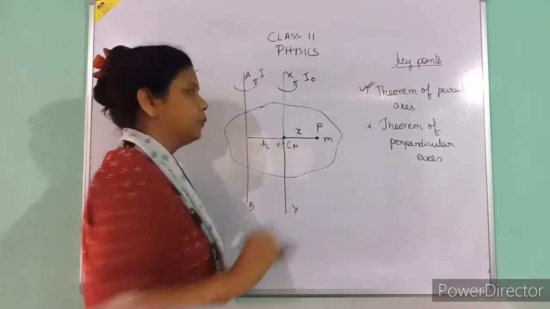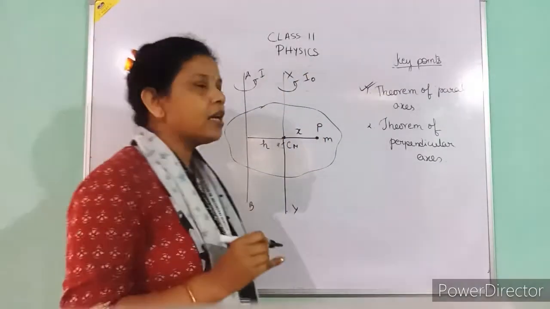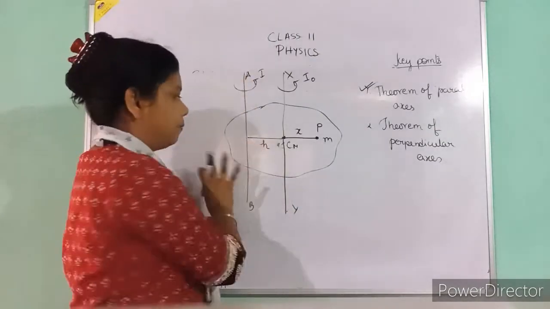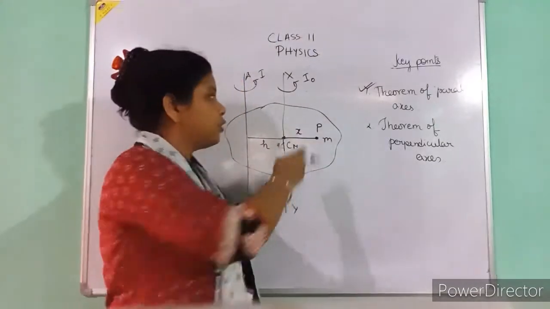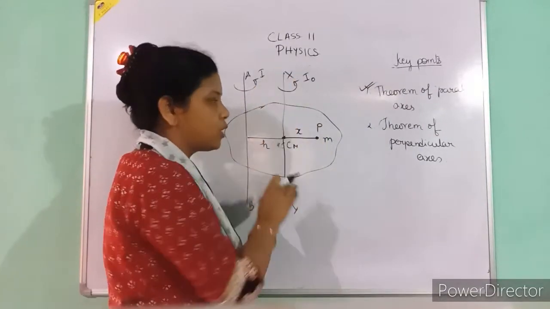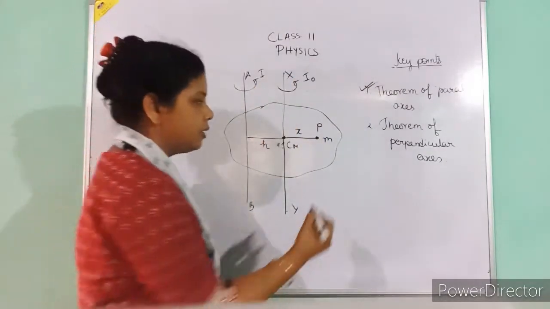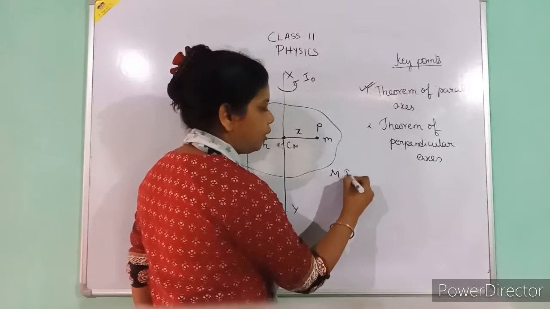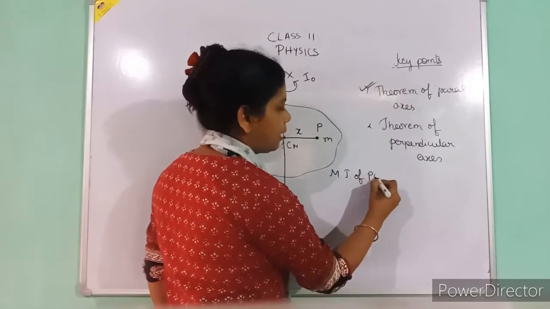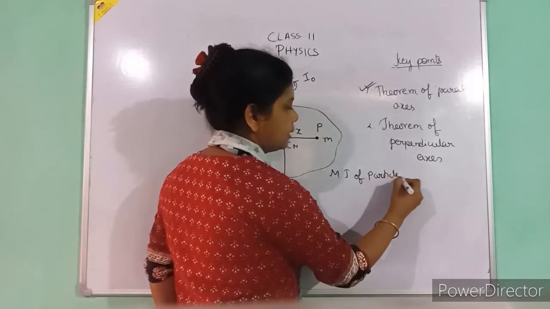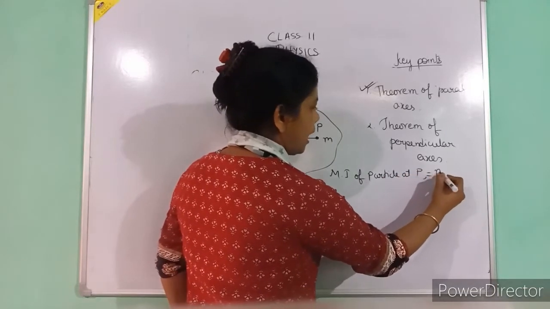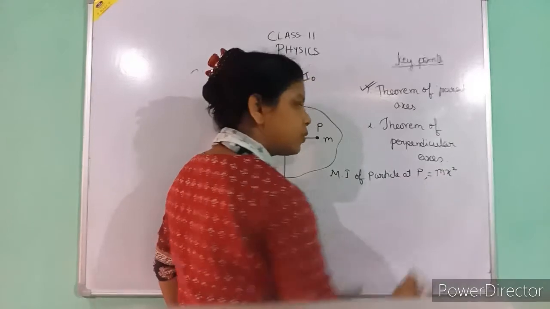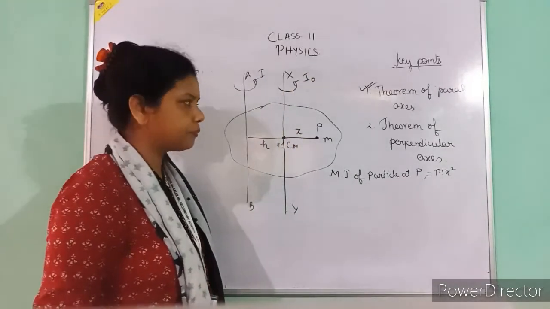Now let us assume. If I ask you what is the moment of inertia of mass m at P about xy, what will be your answer? You will write the moment of inertia of the particle at P is equal to m x square.